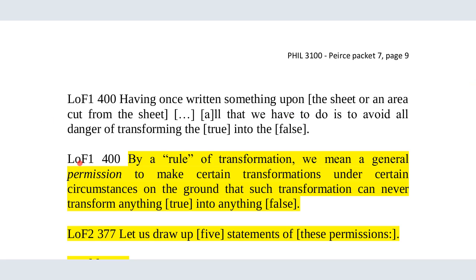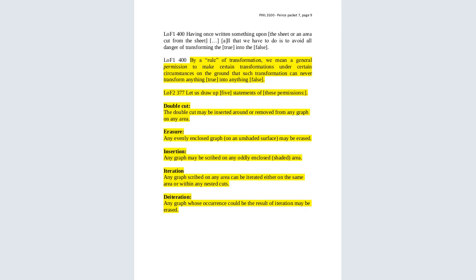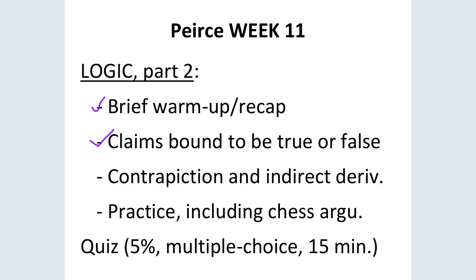So all we do on the sheet of assertion is remember stuff from the world that we know is true and plop that in there. And by a rule of transformation, we mean a general permission to make certain transformations under certain circumstances on the ground that such transformation can never transform anything true into anything false. And there's two ways of doing it, directly and indirectly. And now we've learned how to use contradiction to do indirect derivations.